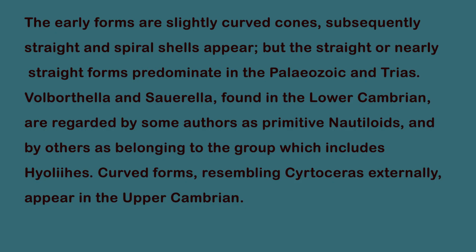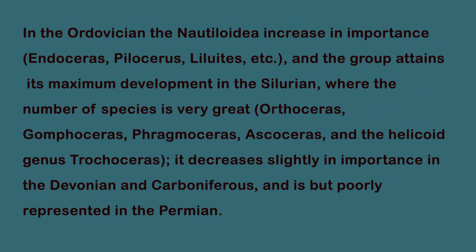But straight or nearly straight forms predominate in the Paleozoic and Triassic. Volborthella and Sorella are found in the lower Cambrian. They are curved forms and represent the very early nautiloids, and resemble the modern Cyrtoceras, at least externally.